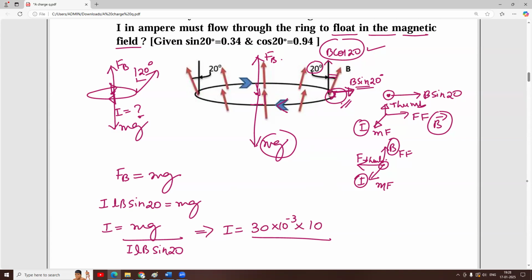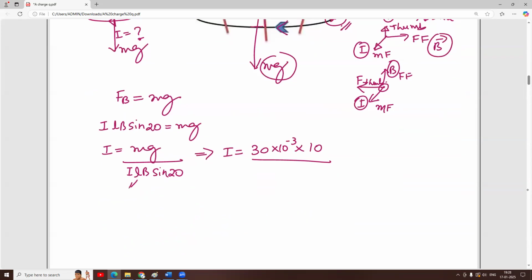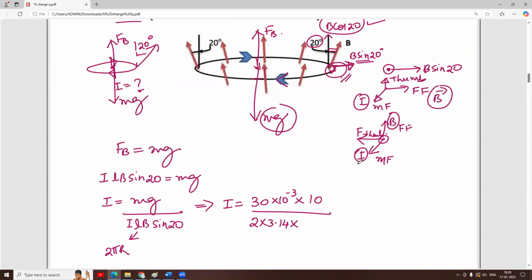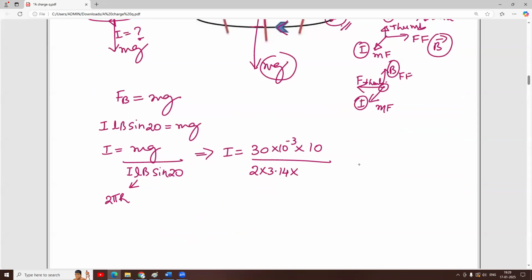The radius of the ring is 1.4 centimeters, so 1.4 into 10 to the power minus 2.